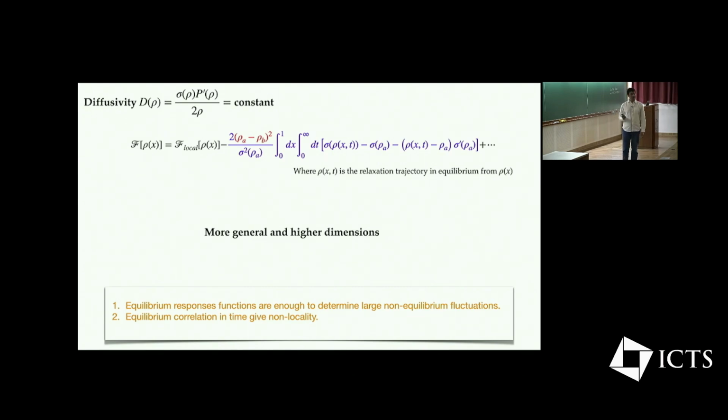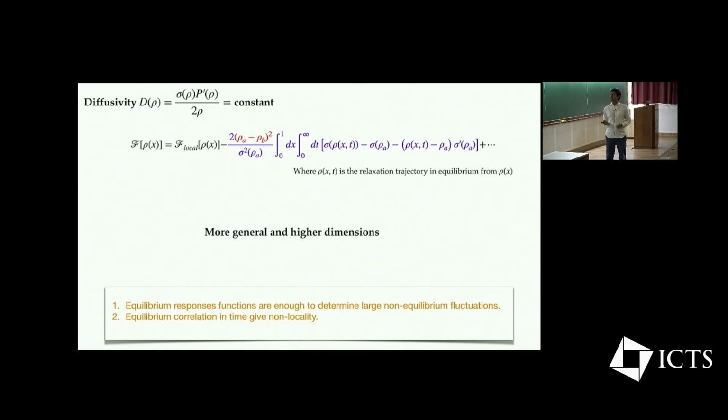Okay? There are expressions for even more general systems where this is not constant. You can also do it for higher dimensions, and you can get back results. For example, what Herbert has done in the 80s for the symmetric exclusion process coupled between two reservoirs in higher dimension. All those results you can get, but I'm not going to show those. But what is the main information that you could carry from these results?